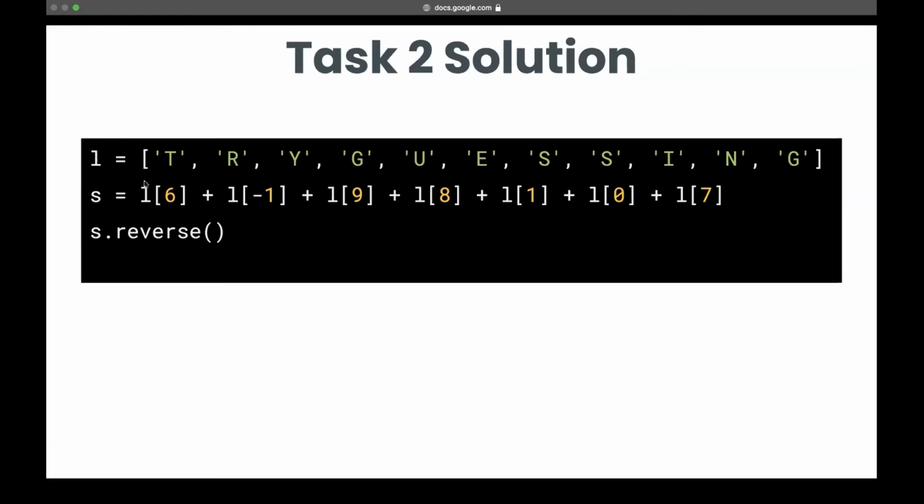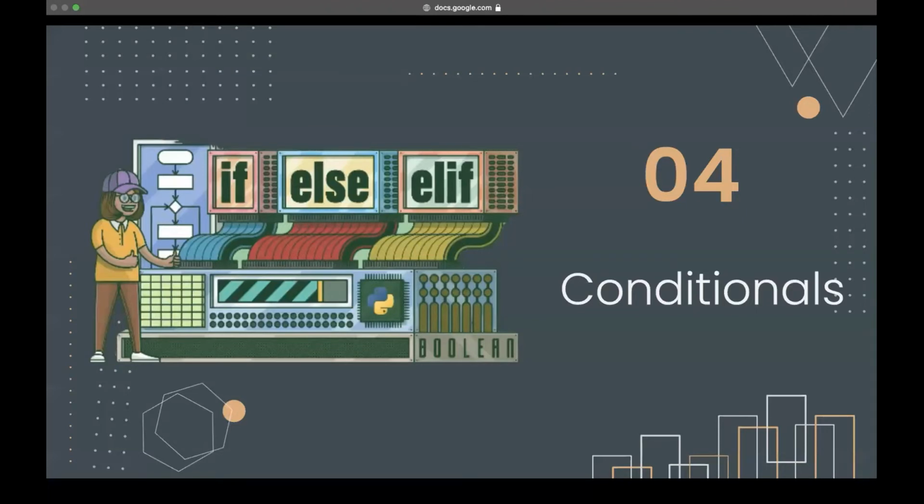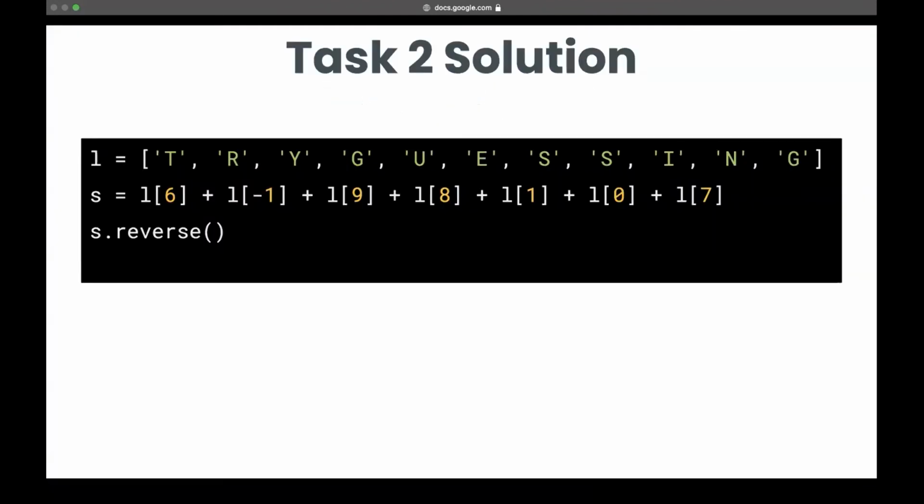So the name of the list followed by the square bracket operator. You just type out whatever number we gave you earlier inside the square bracket operator and concatenate it, and then do a dot reverse at the end to get the password.